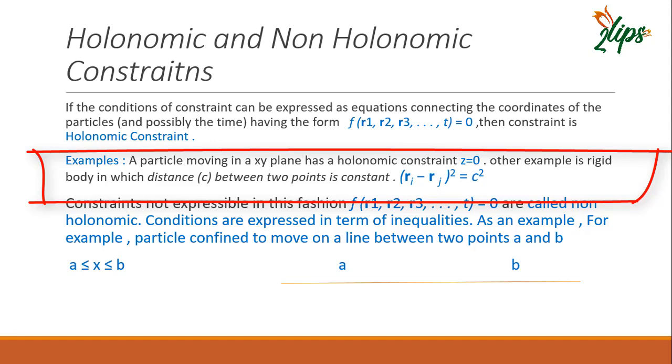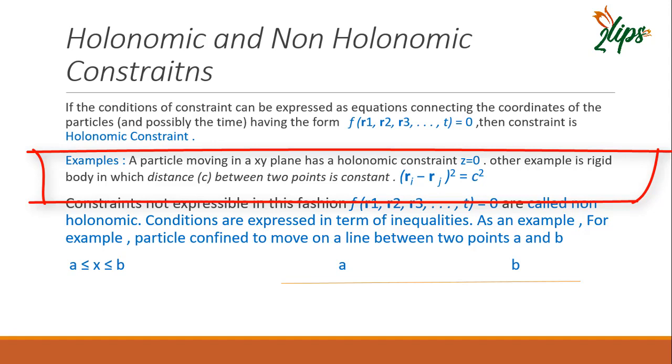If I'm talking in terms of coordinates, and if ri and rj are the position vectors of the ith and jth particles with respect to the origin, then the square of the distance between them can be written in this way. Since we already said the distance between them is c, I can write here c squared. So this is an example of a holonomic constraint.